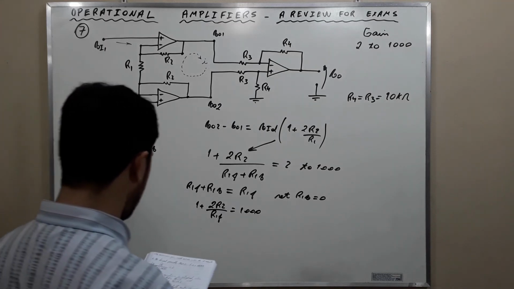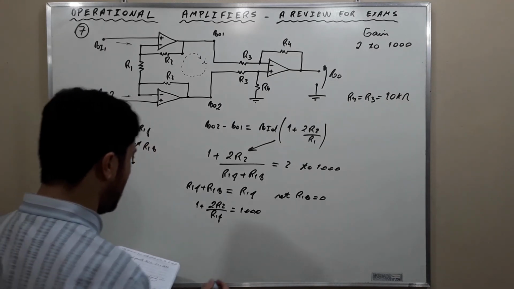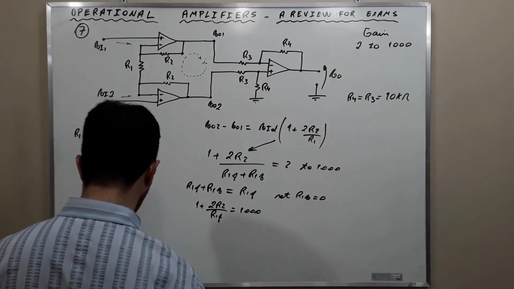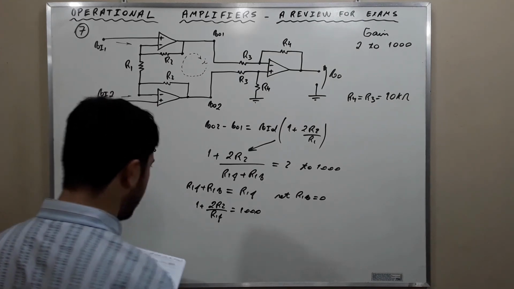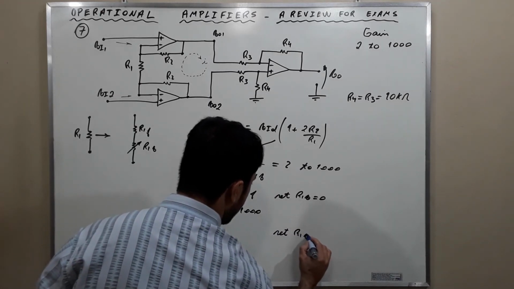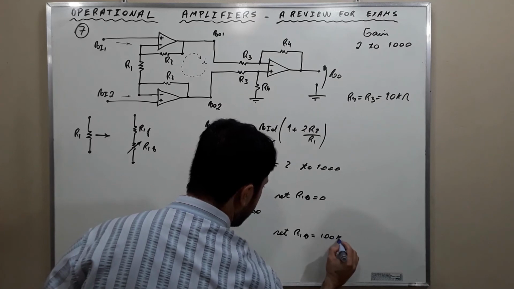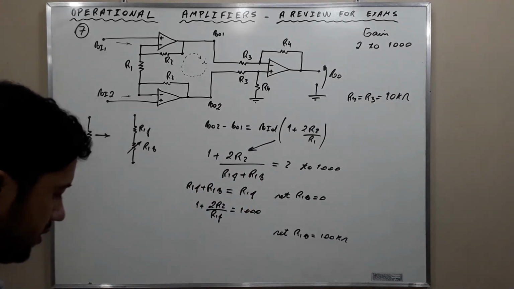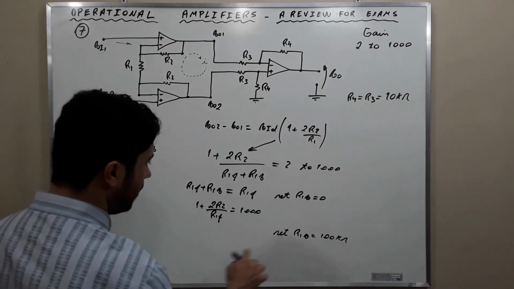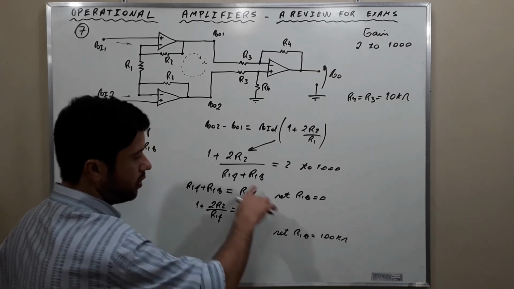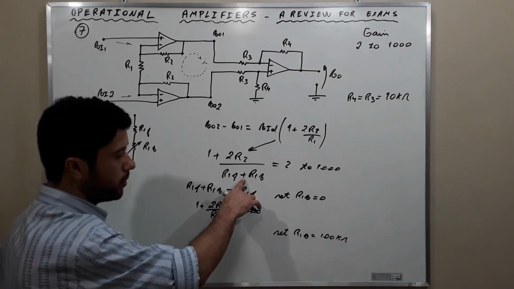And now we are going to set R1V to 100 kilo ohms, which is the maximum value that the exercise wanted us to use. And in this way, if we use this big value for R1V, the denominator is going to be big, okay?